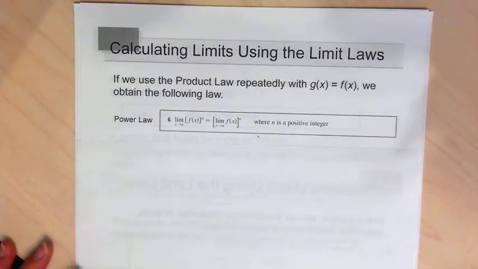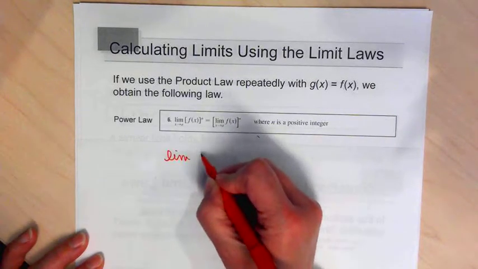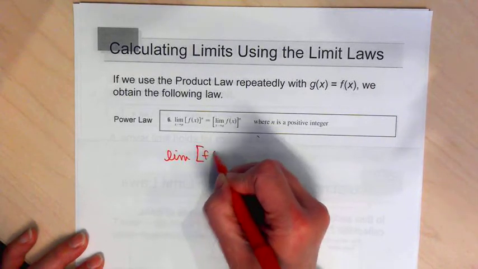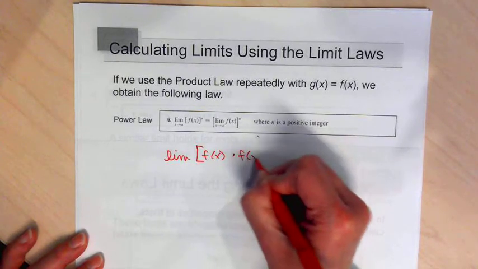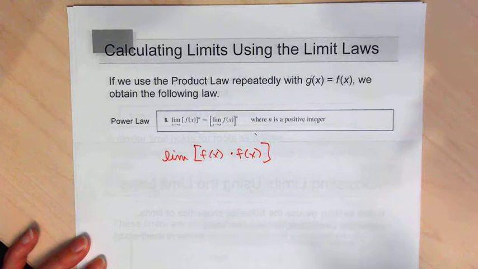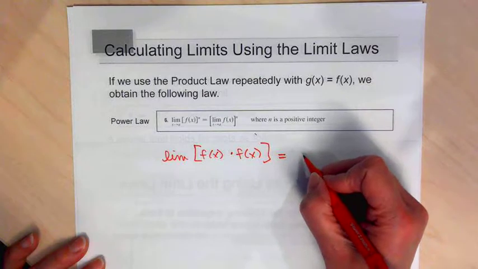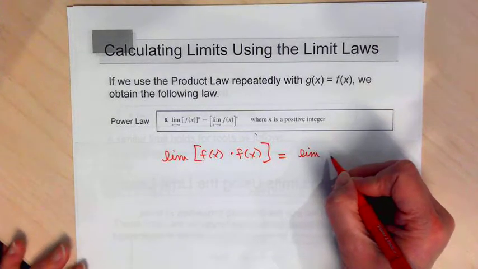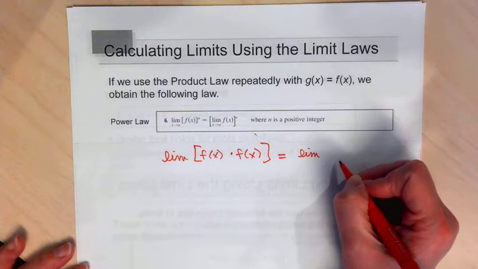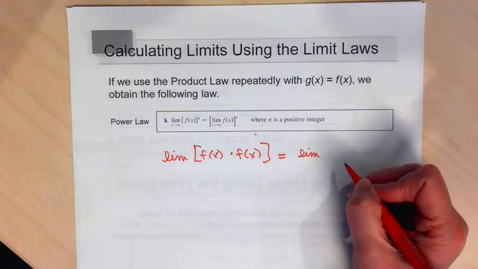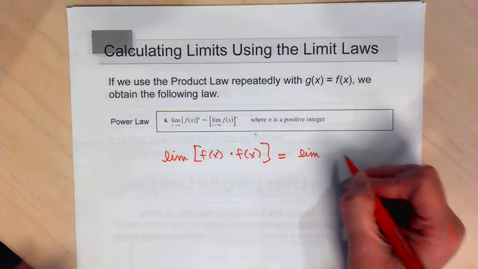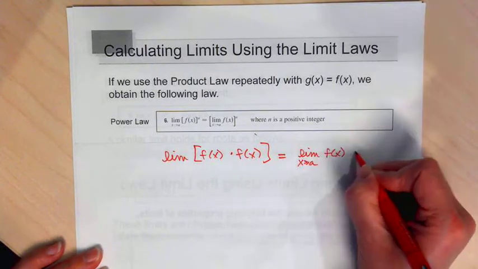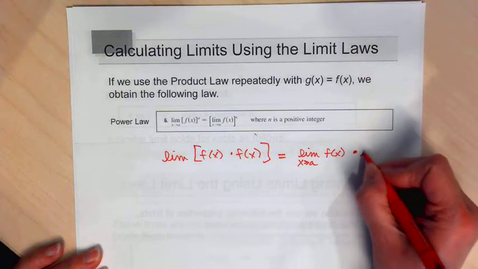So, for example, if we did the limit of f of x times f of x, we could use the product law to say that this is the product of the 2 limits.